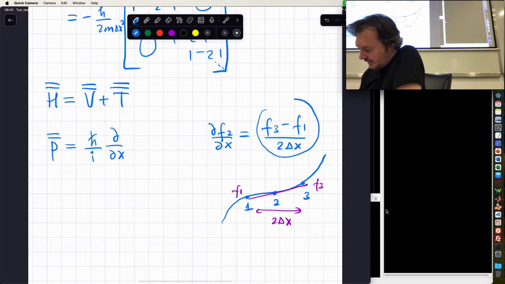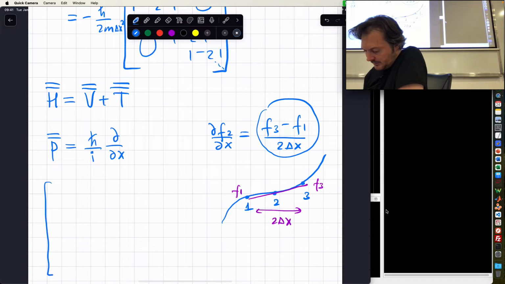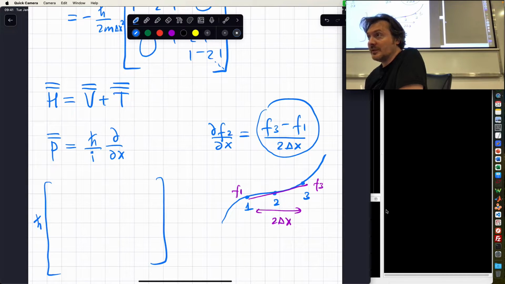Since this is the case, let me take h bar out, but leave i inside, because we want to see i inside. Let me take this 2 delta x out.